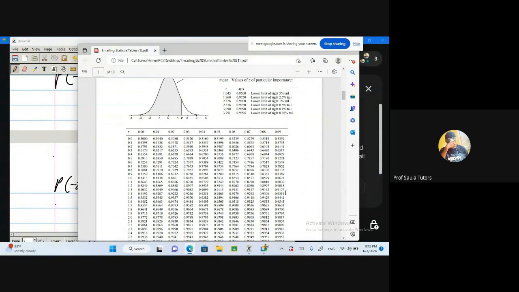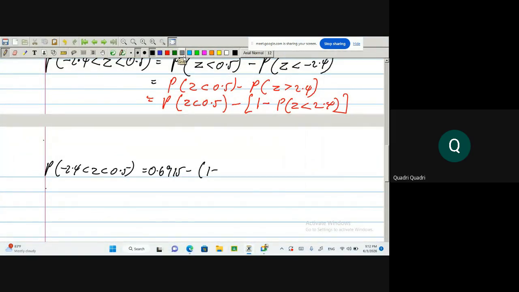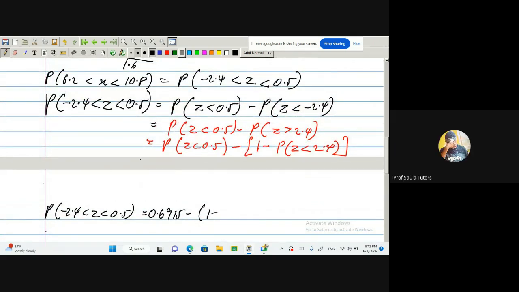Let me confirm it again. 2 minus 10 over 1.6 gives me 2.375. So it is minus 2.375, exactly.